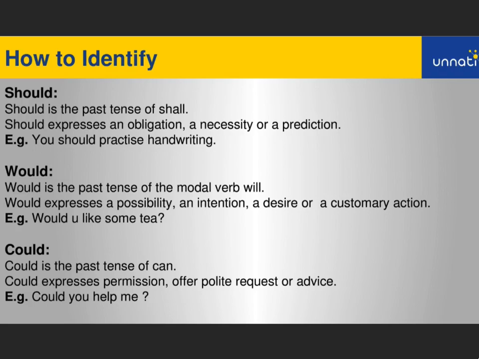Could, on the contrary, is the past tense of can. So could expresses permission, offer, a polite request, or in most cases, an advice. Could you help me? So this is a polite request that you're putting forward.